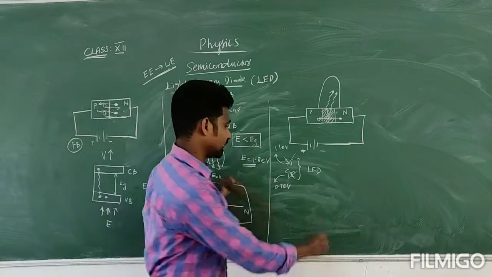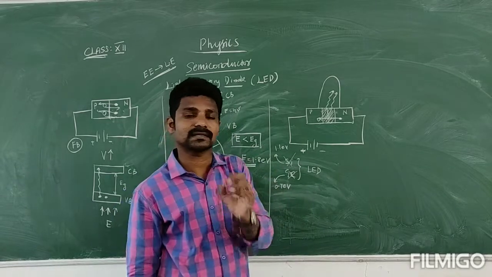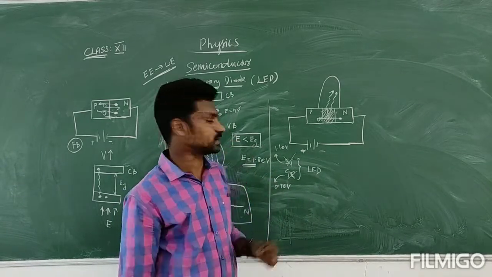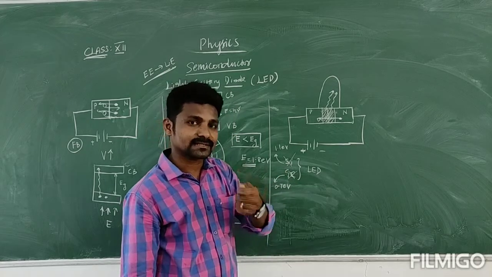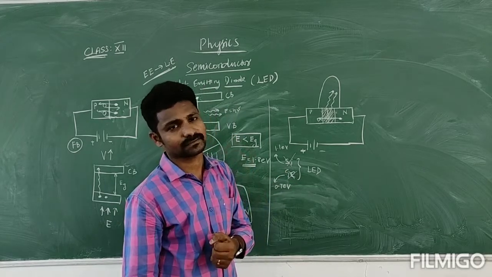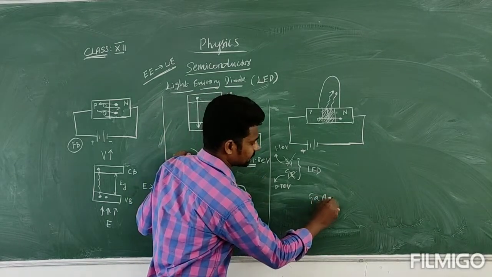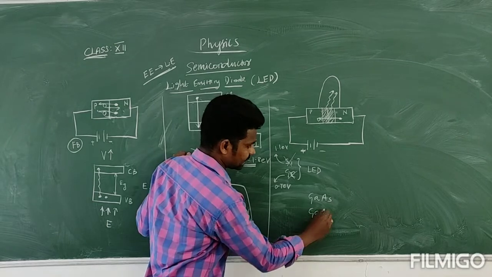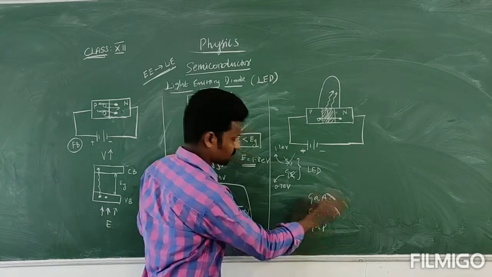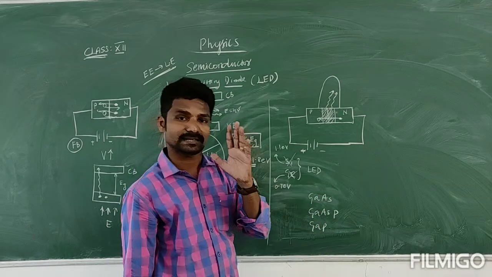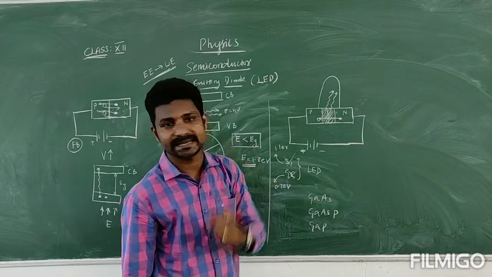One more thing, silicon and germanium are called elemental semiconductors, and these we can't use. So we take compound semiconductors, for example gallium arsenide, gallium arsenide phosphide, and gallium phosphide. These kinds of things are compound semiconductors. Only these are used as LEDs.